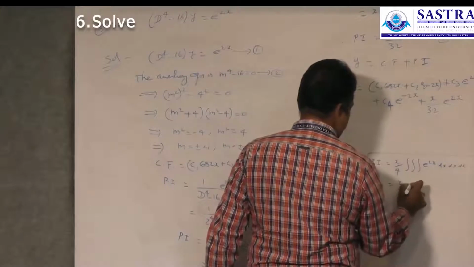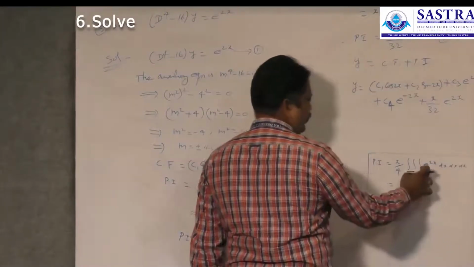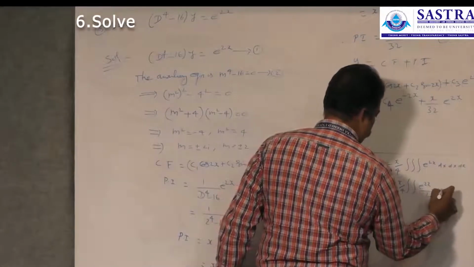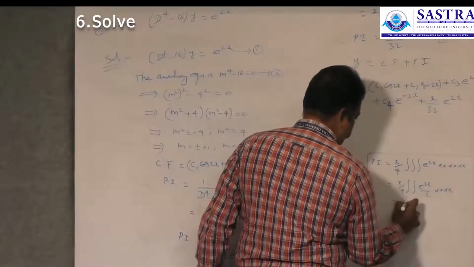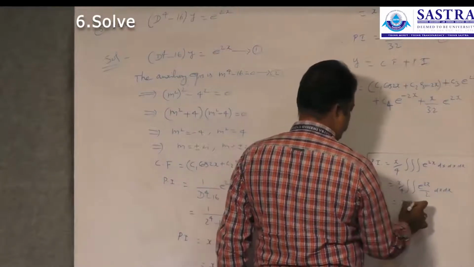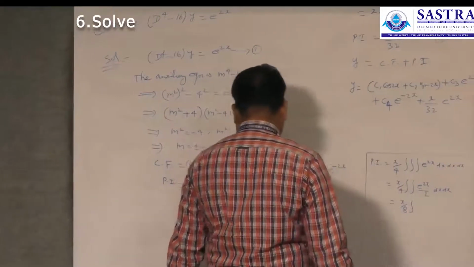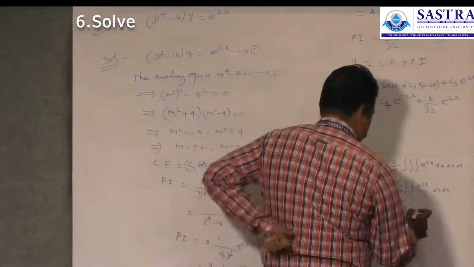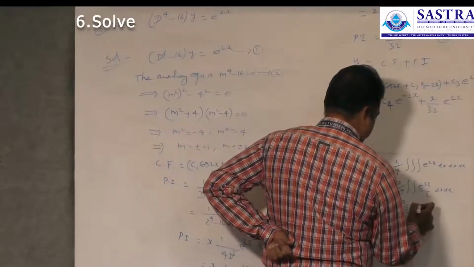First time, when we integrate this, we get e power 2x divided by 2. We can take 2 outside, it becomes x by 8. Second time we get e power 2x by 2.